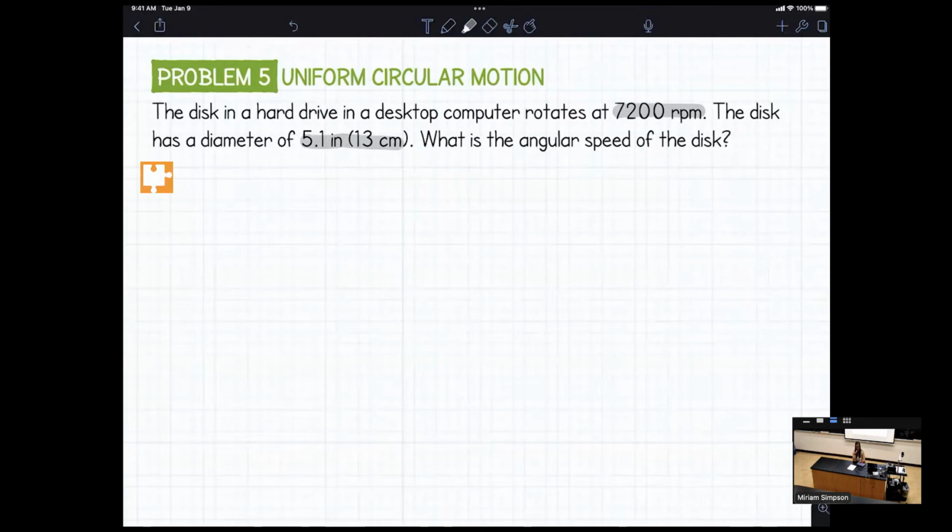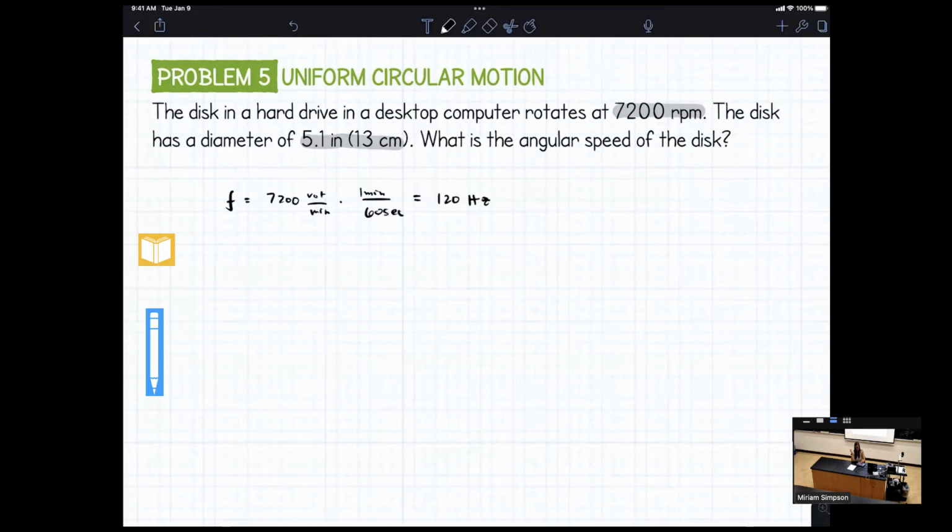So we're going to start with the frequency, and what do we have to do with the frequency? RPMs by 60. Yeah, so 7,200 rotations per minute. We want this in seconds, so 1 minute is equal to 60 seconds. That's going to give us 120 inverse seconds, which we call hertz, because somebody was once named Hertz.